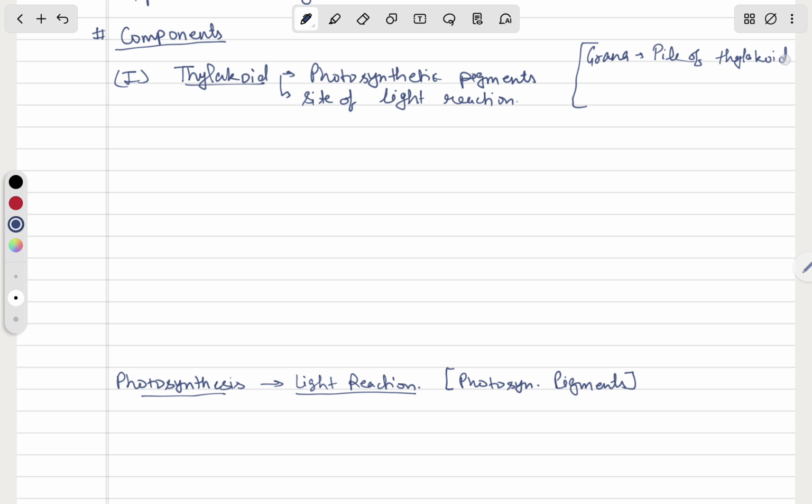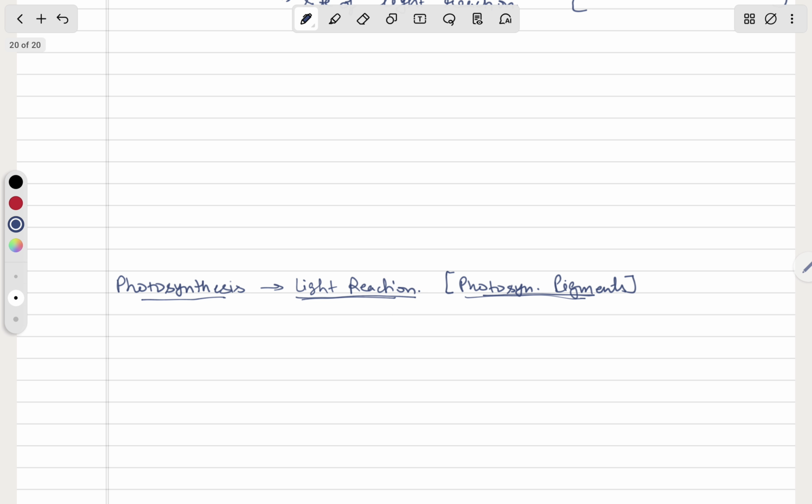So if it is given that grana is the site of light reaction, that is also correct.